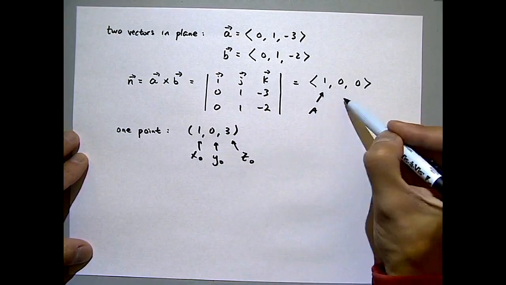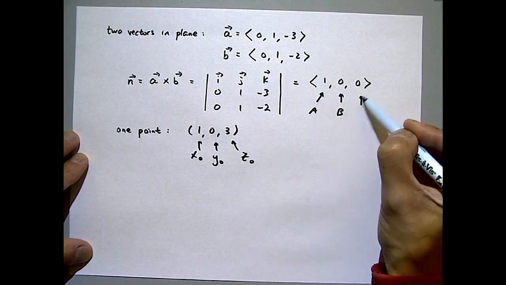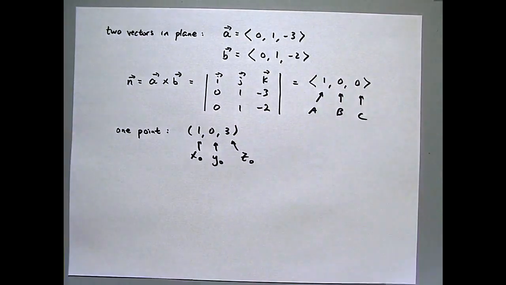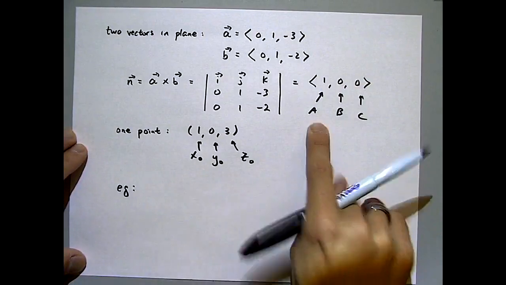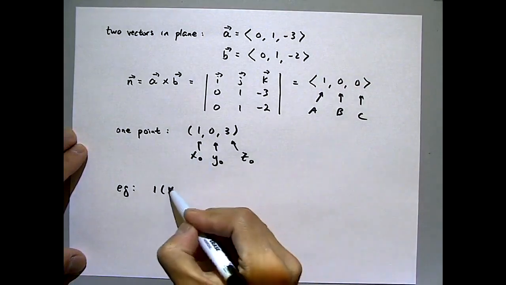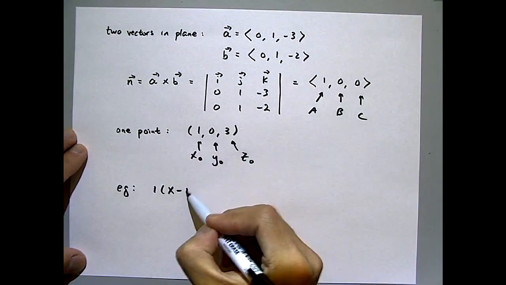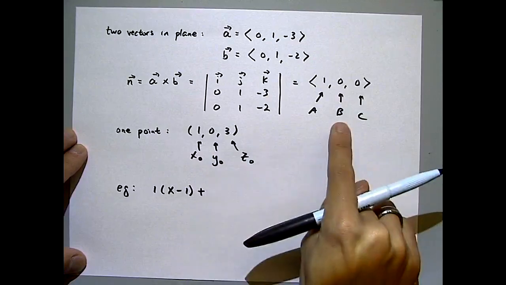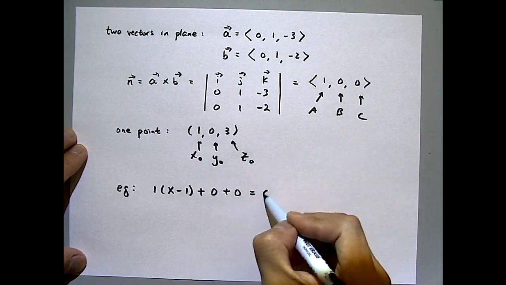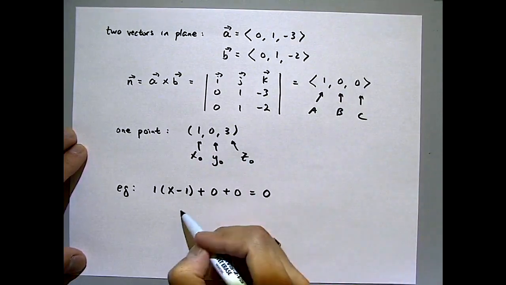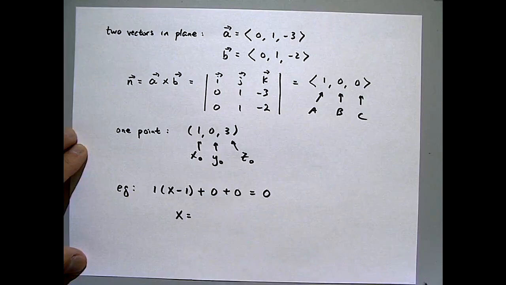And that's my big A, big B, and big C. So the equation of the plane is very simple. A times x minus x0 plus a bunch of zeros equal to 0. And at the end of the day, we get x is equal to 1.